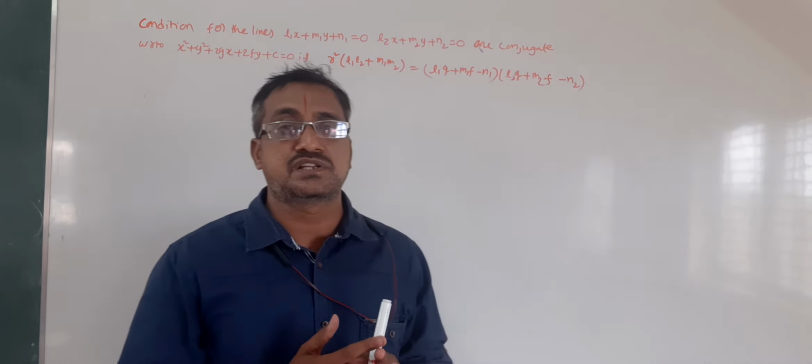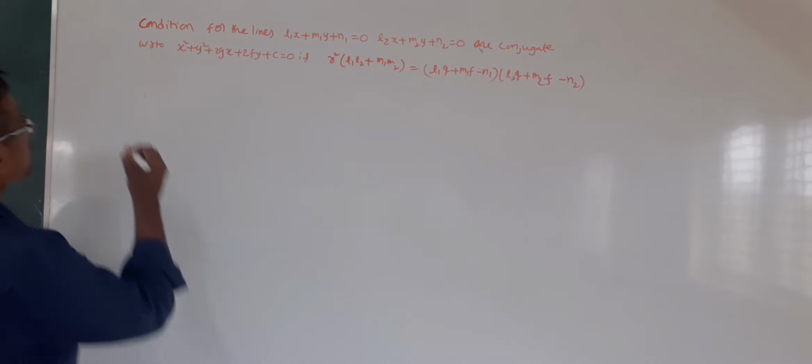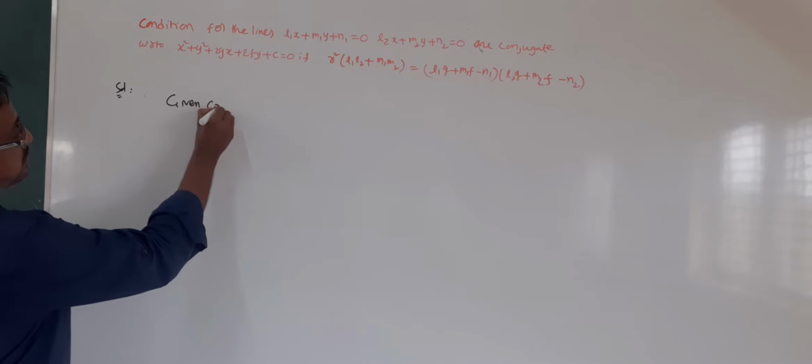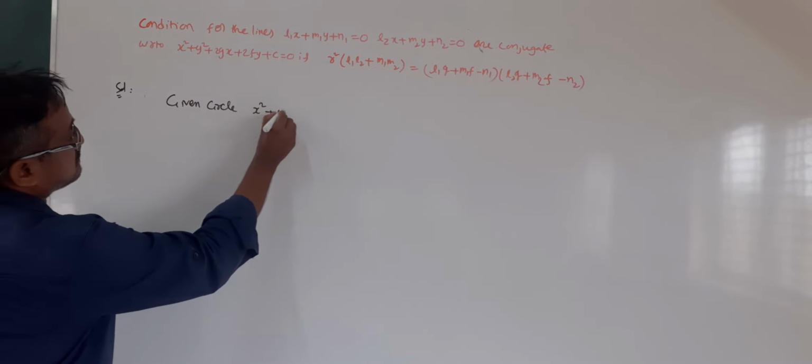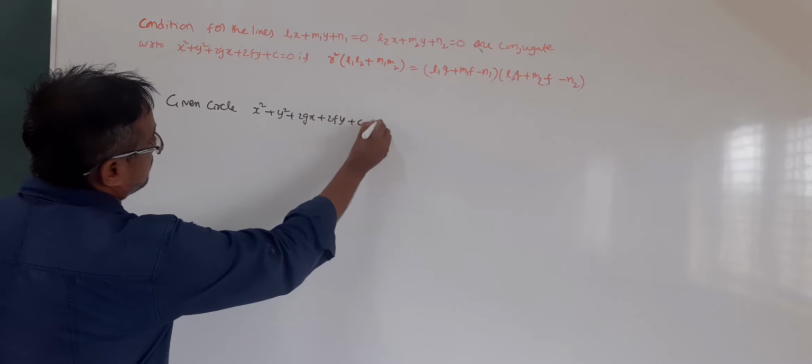This is the condition we have to prove. Now, given circle x² + y² + 2gx + 2fy + c = 0.